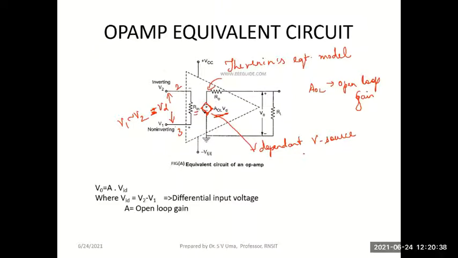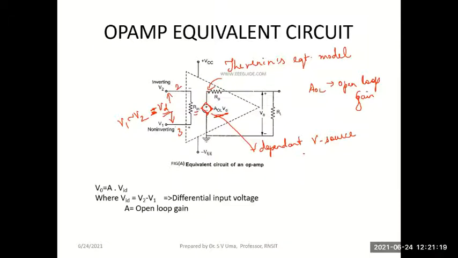What does this output voltage depend upon? It depends on the input differential voltage VD, which is V1 minus V2. V1 is the voltage given at pin 3, V2 is the voltage given at the inverting terminal. The difference between the two we are going to call VD, and AOL represents the open loop gain of the op-amp. Ideally, you would construct an op-amp to give infinite open loop gain, or a very large open loop gain, which practically is in the range of a few mega, let's say 10 power 5 or 10 power 6.